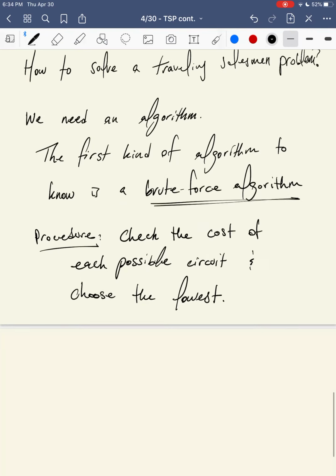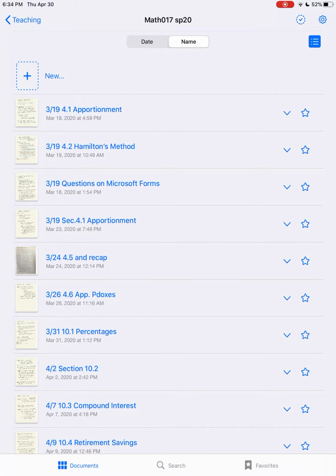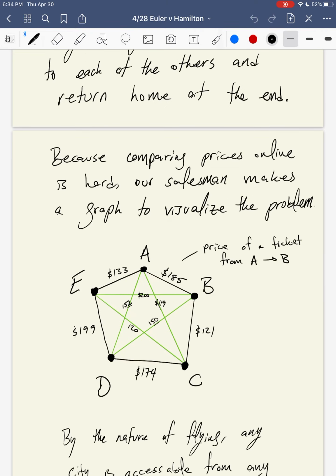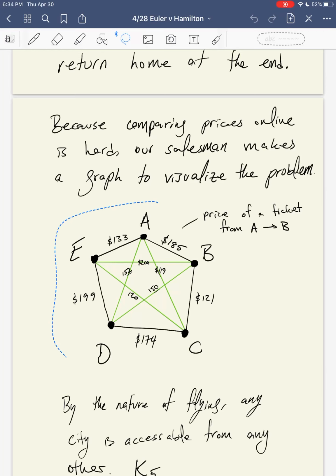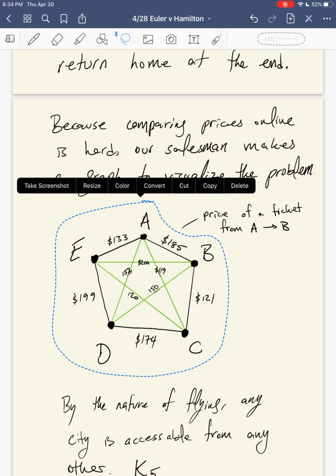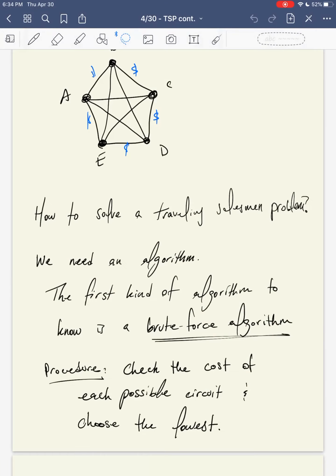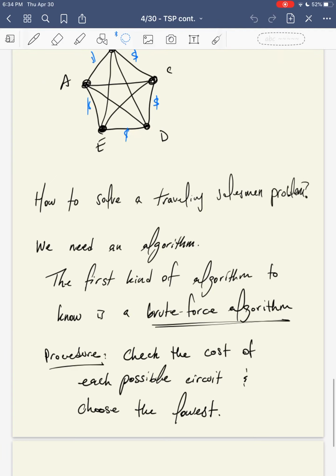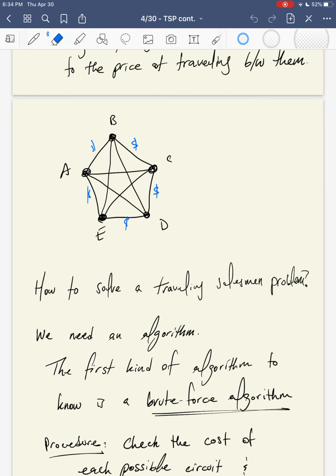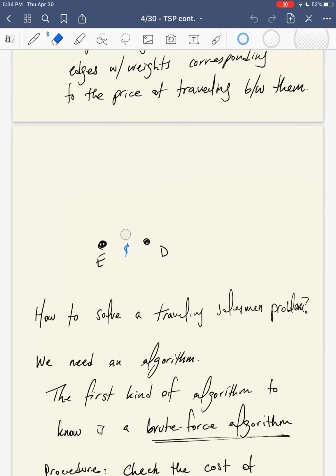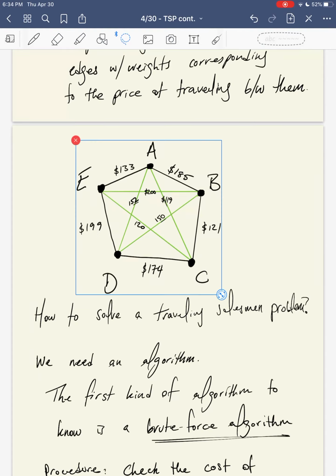So let me go back. Actually, I want to go and find this thing from last class when I drew it out. Good. Copy. Okay, so maybe I'll erase this and paste that in there.